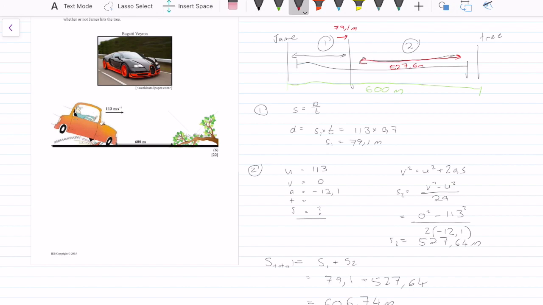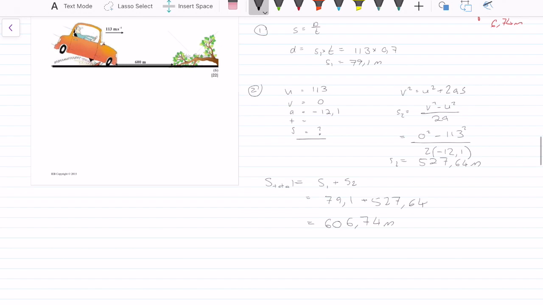Okay, so what does this tell us? This tells us that in his last section, he actually goes past the tree, because the tree only sits at 600 meters, and he needs an extra 6.74 meters. Therefore, James will hit the tree. And this would be our final answer.